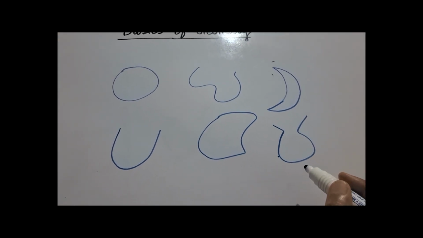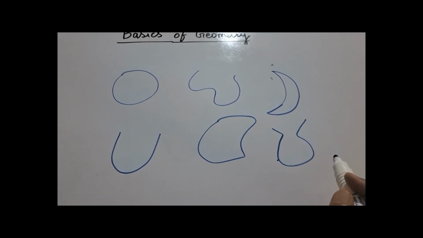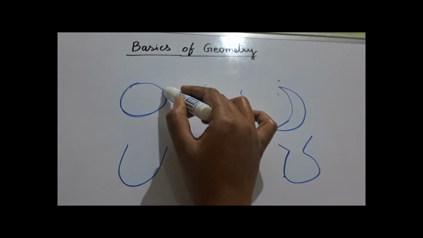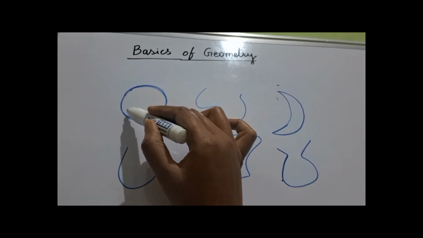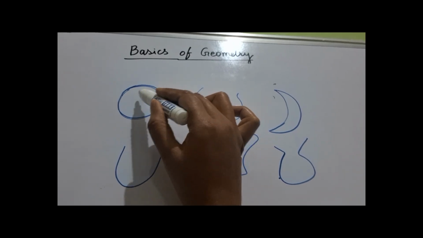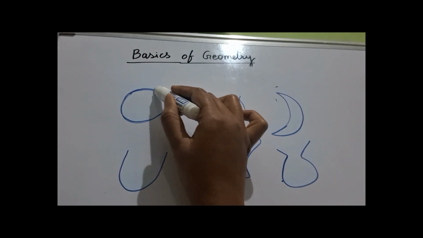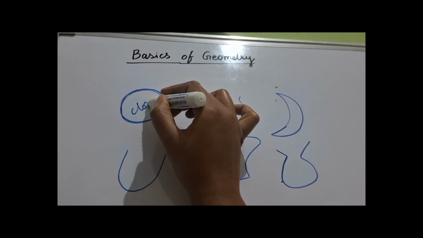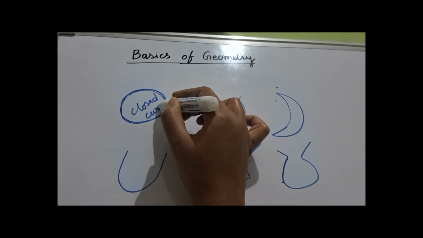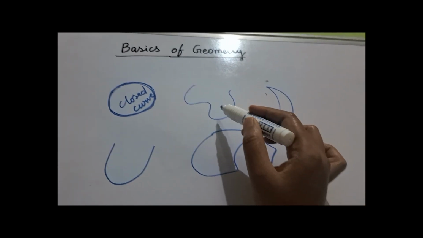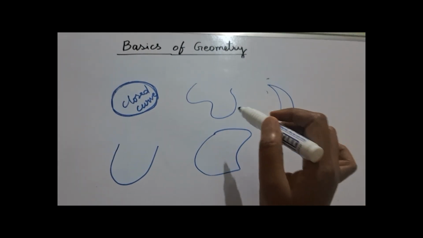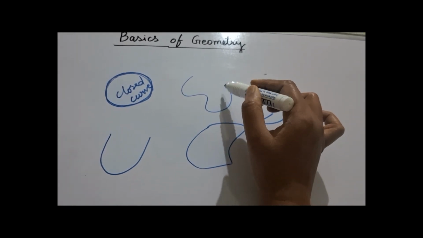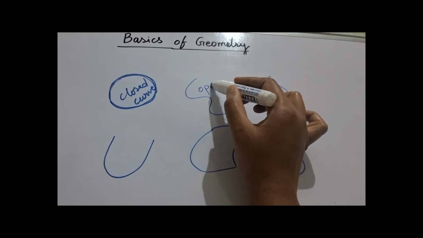Now curves are of two types, closed curves and open curves. This is closed completely, isn't it? So this is occupying some surface on the plane. That means if it is closed from all sides, then it is called a closed curve. Now here this one, if we see, this is an open curve because it is not completely closed.